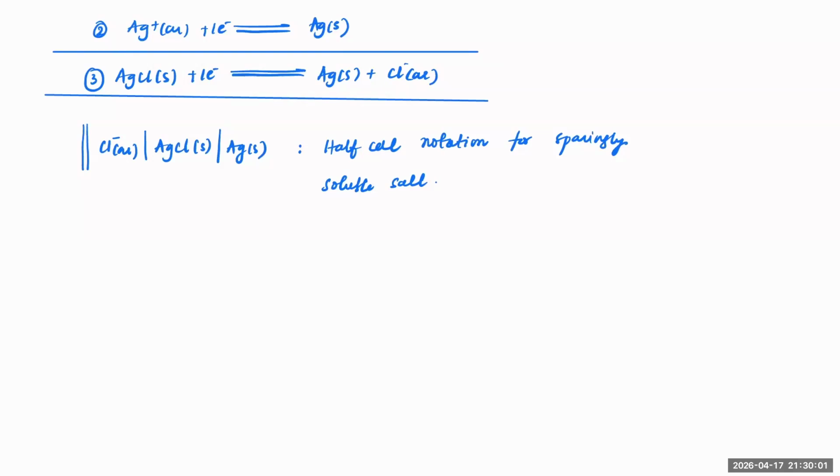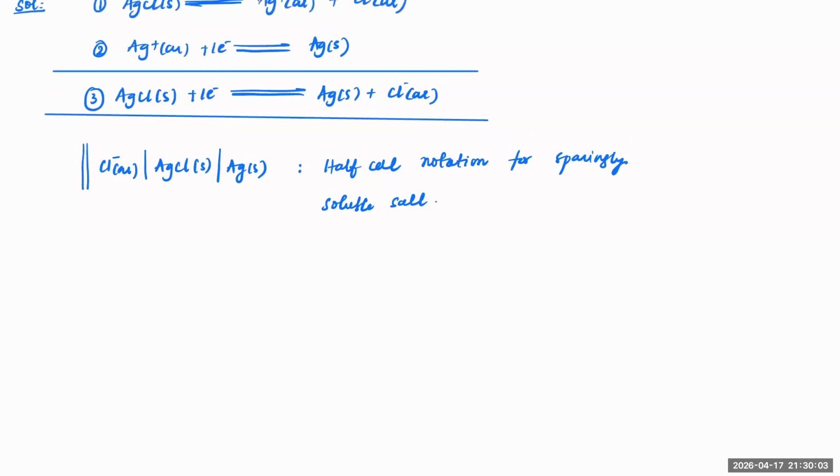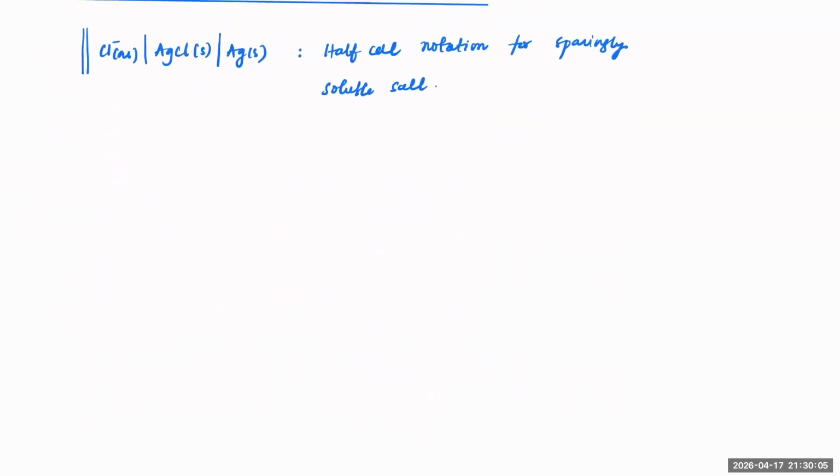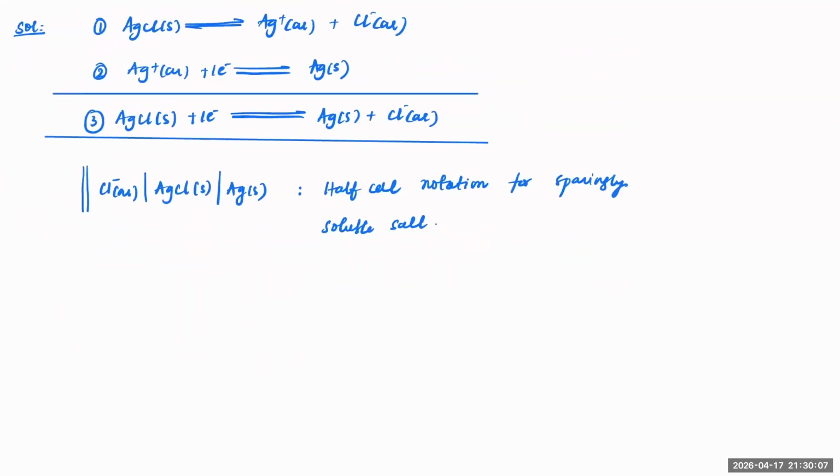Sorry, please check. This is about the cathode half cell. If I have to write this as the anode half cell, that means it is the reverse of it, where we have oxidation instead of reduction. So, oxidation of a sparingly soluble salt electrode.